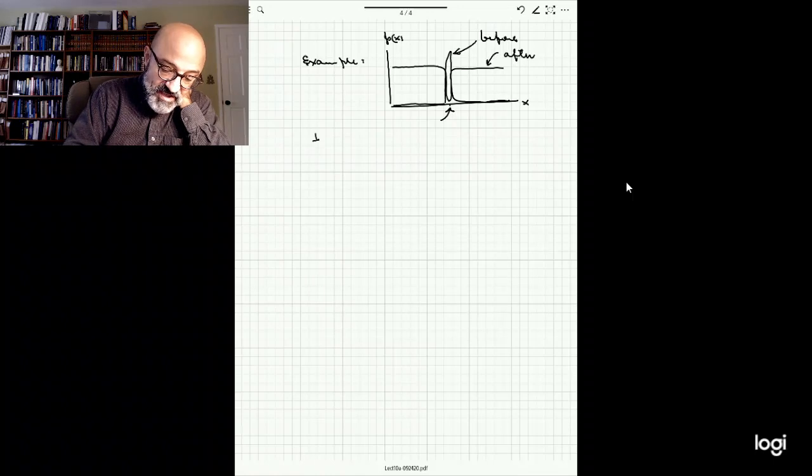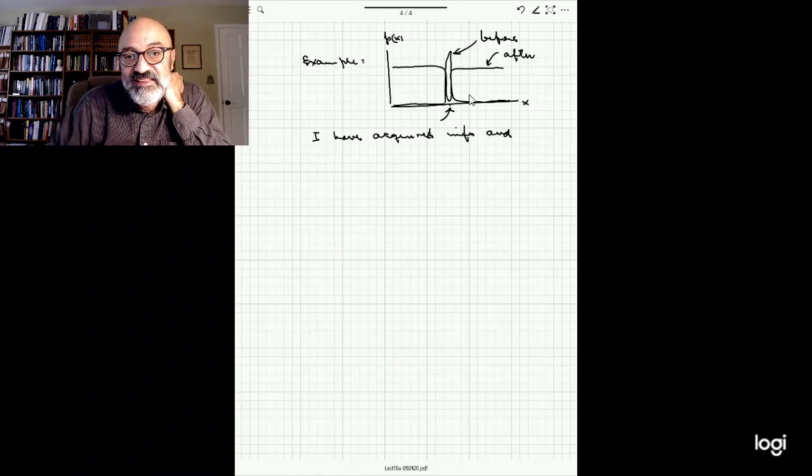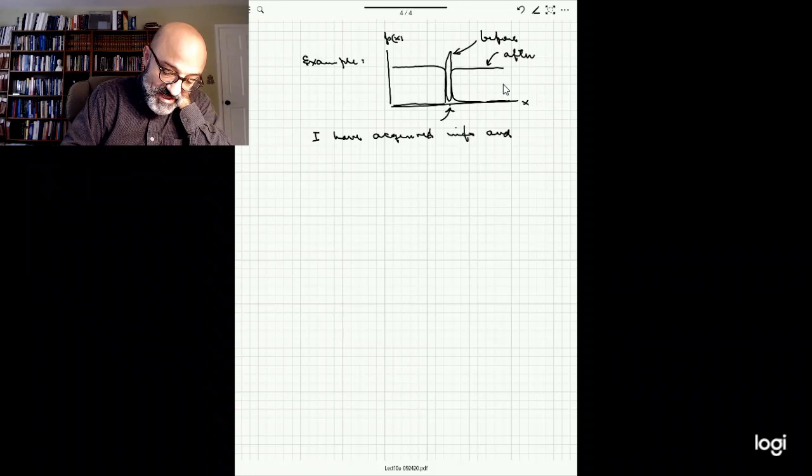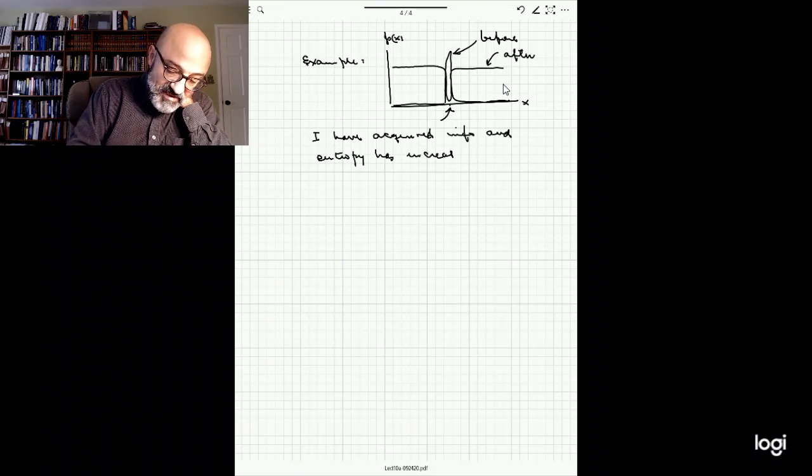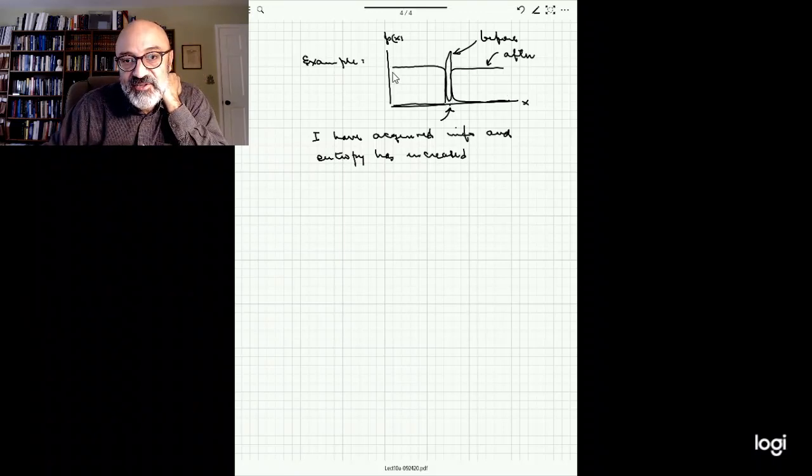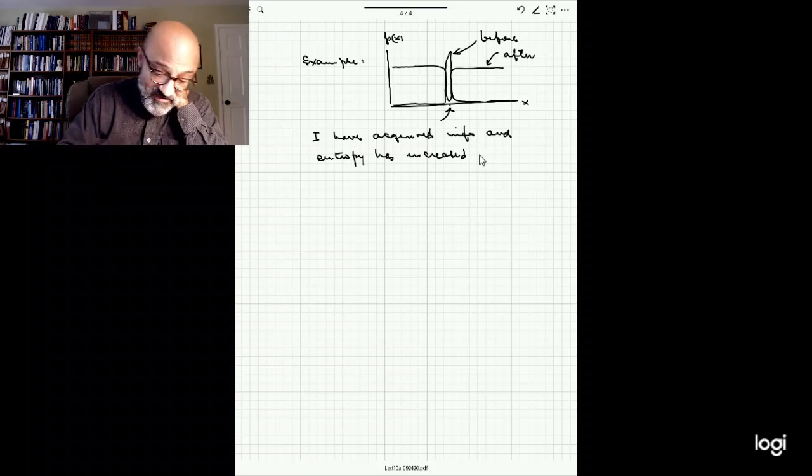So I have acquired information, and the probability becomes very broad, and the entropy has increased. It goes from being 0 to being almost the possible maximum value that it can achieve, which it achieves when you have a uniform distribution.